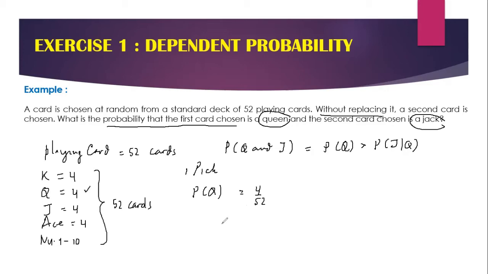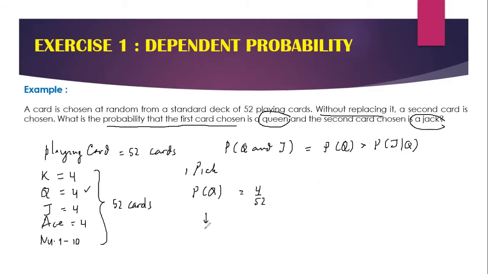Right? Clear? Okay, the question is without replacing. So we can take the conclusion that this case is dependent probability. When one queen card is taken, now we have a new composition.